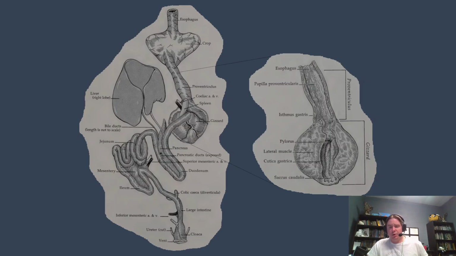We then move into the small intestine. The small intestine is where nutrient absorption occurs.